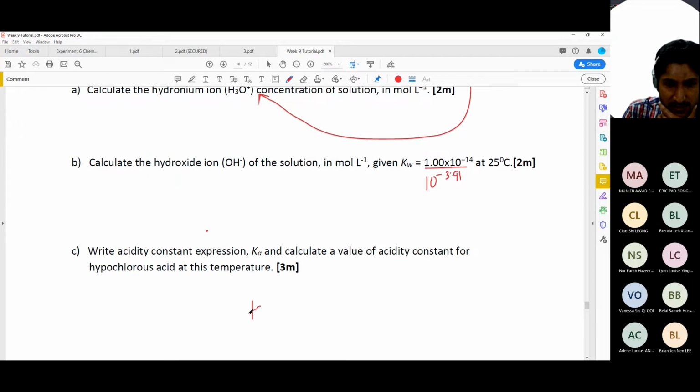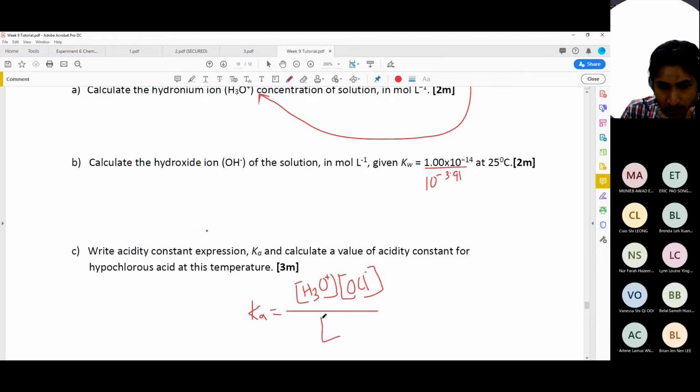Let me write it. So Ka is equal to hydronium ion times the hypochlorite ion, sorry, and then divided by hypochlorous acid, HOCl. We know that this one is equal to 10 power negative 3.91, and it will be the same thing for the other one as well.